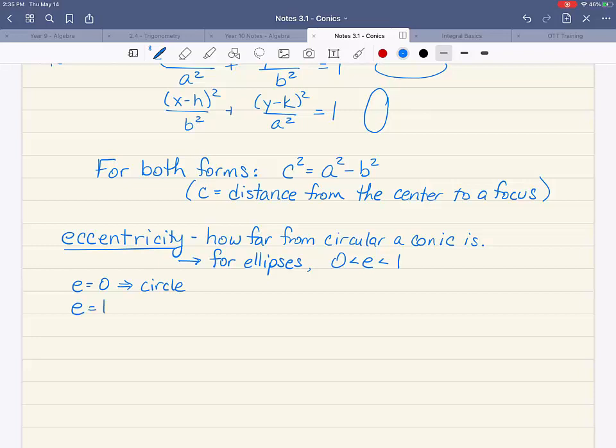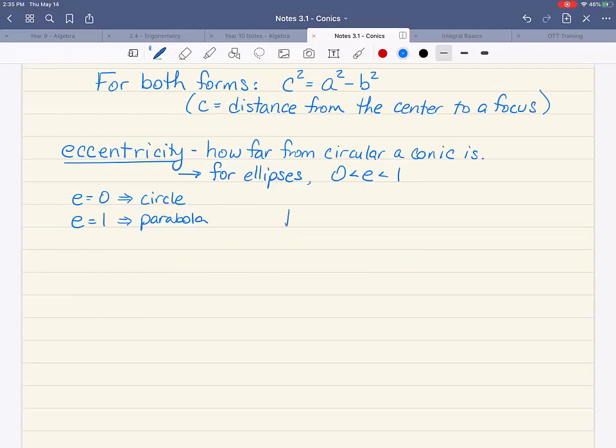When e is equal to 1, you all of a sudden have a parabola. So when e is between 0 and 1, then you're dealing with an ellipse. And also to find the eccentricity, the formula is quite simple. e is equal to c divided by a. So you have to be able to find c in order to find the eccentricity as well.